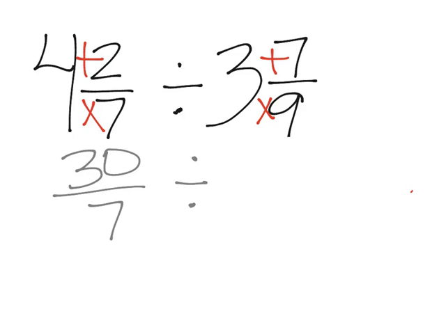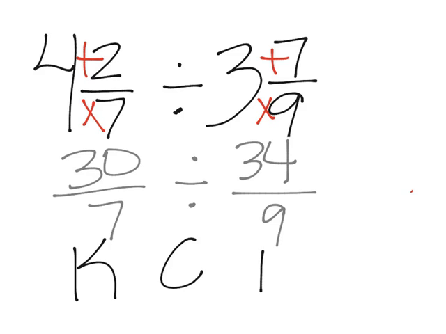And 9 times 3 is 27. 27 plus 7 is 34. And this side becomes 34 over 9. So now we can do our KCF, or keep, change, flip. So then we have 30 over 7 times 9 over 34.